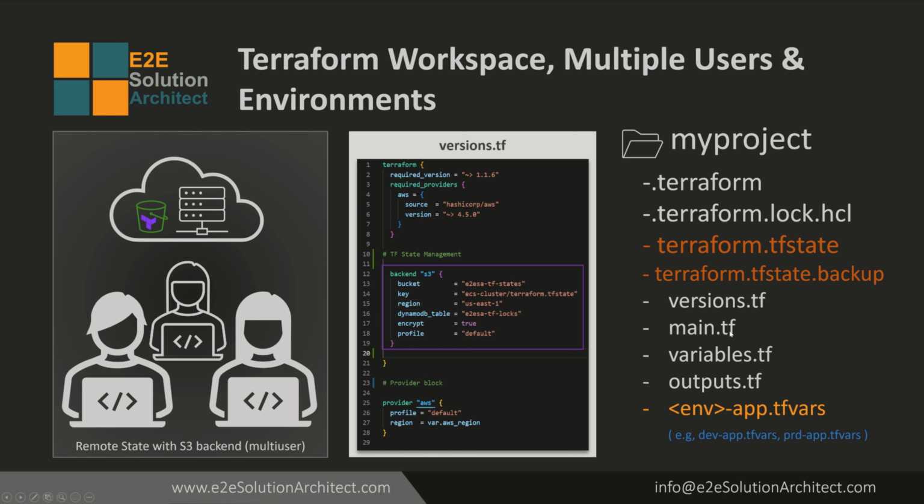Main.tf contains all the resources or modules you are defining or implementing. Variables.tf is dedicated to all the variables you are defining for that Terraform project. Next, output.tf keeps all the output definitions you want to display after terraform apply.